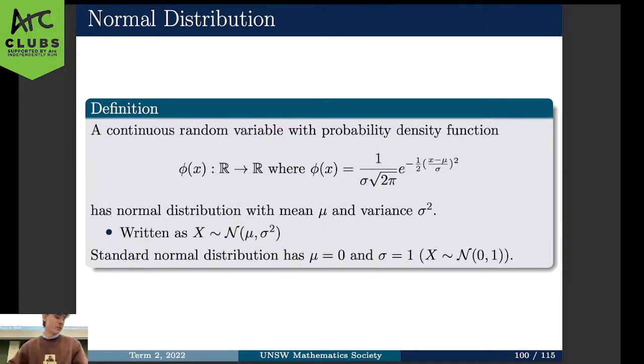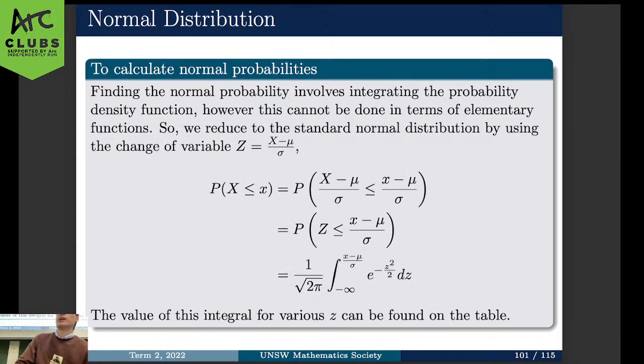A continuous random variable with a probability density function defined by this equation here is normally distributed with a mean mu and a variance sigma squared. For the standard normal distribution, when we apply the transformation (X minus mu) over sigma, it has a mean of 0 and a standard deviation of 1, as we saw.